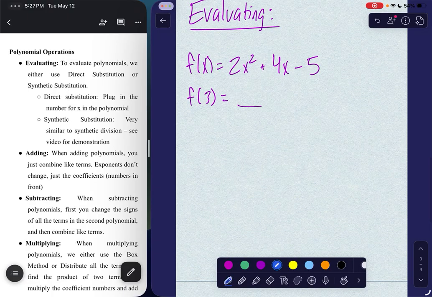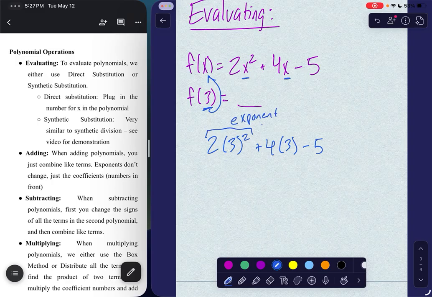So what you do is you plug in 3 for x, right? So it's going to become 2 times 3 squared plus 4 times 3 minus 5, right? We just replaced all the x's with 3. Now, when we do this part here, remember we do the exponent first. Like we do 3 squared, right?